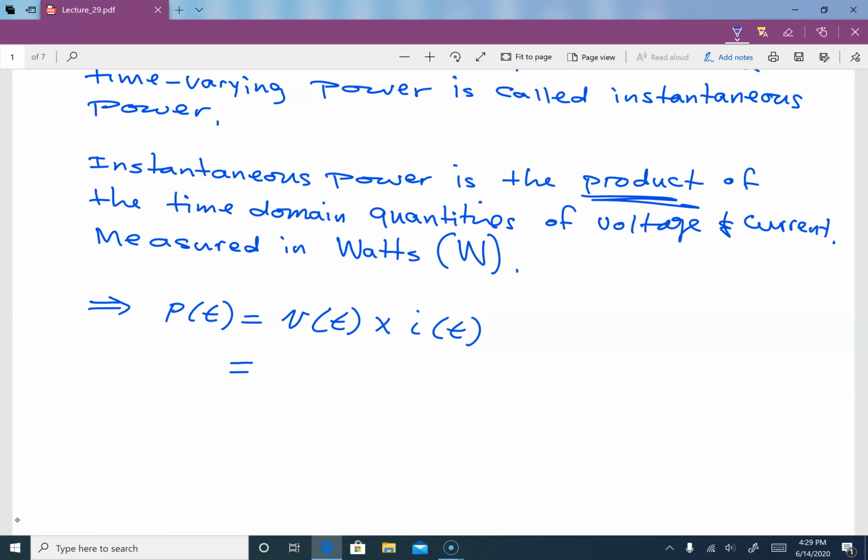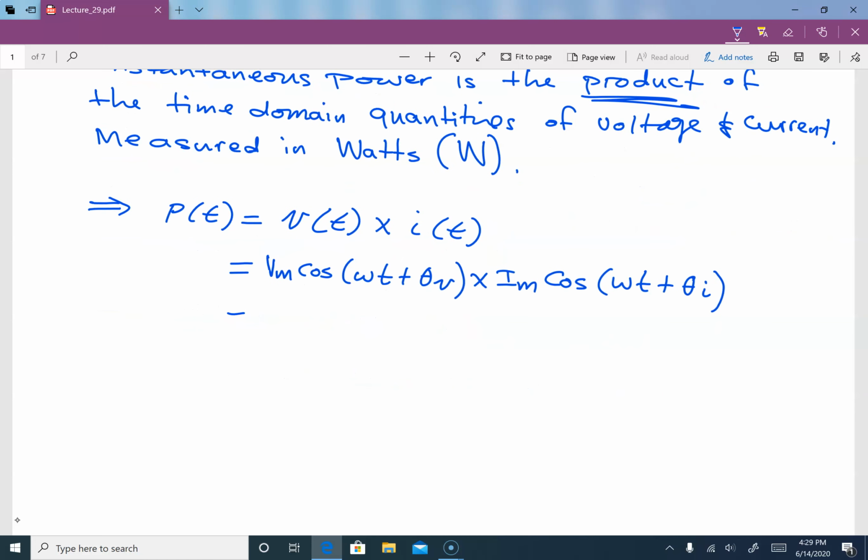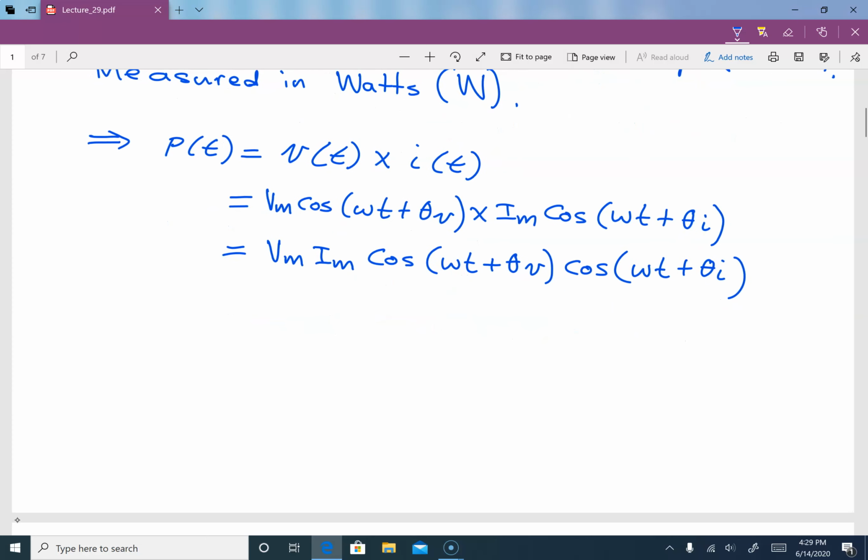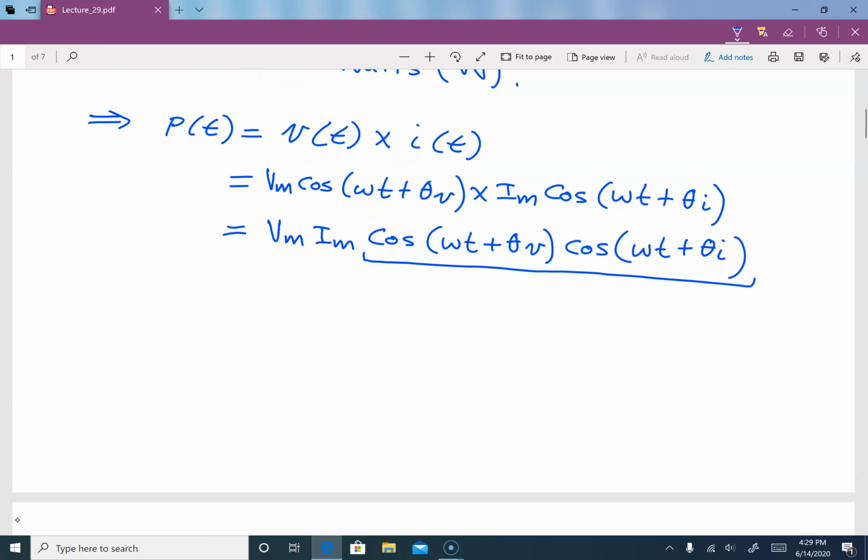That is equal to Vm cosine of omega t plus theta v times Im cosine of omega t plus theta i. So this is Vm Im multiplied by cosine of omega t plus theta v times cosine of omega t plus theta i. Here we have two cosine quantities multiplied by each other.